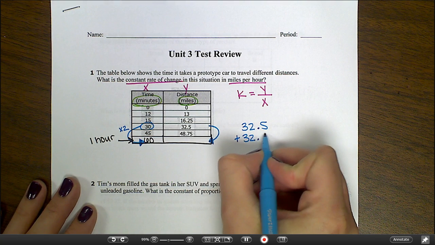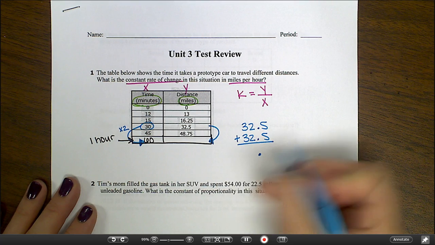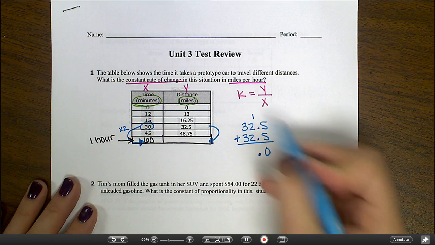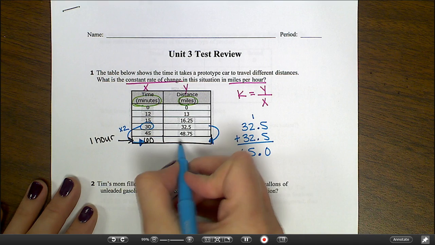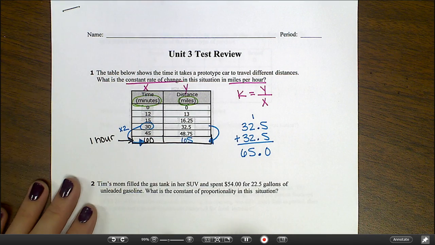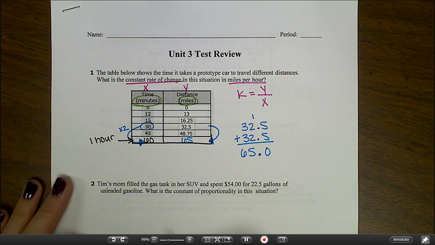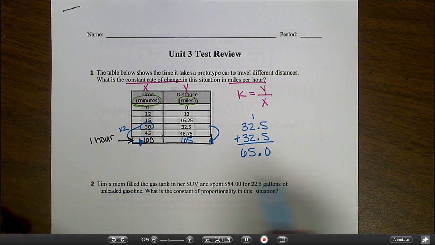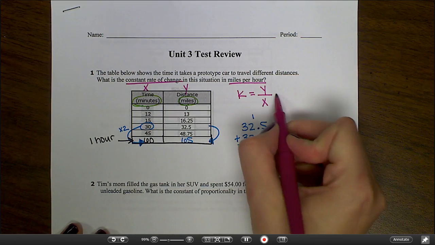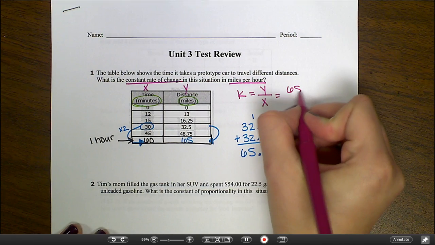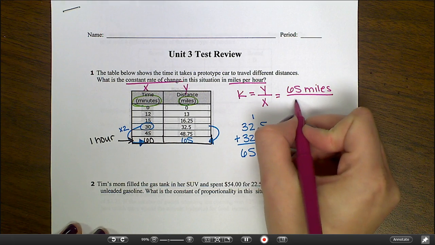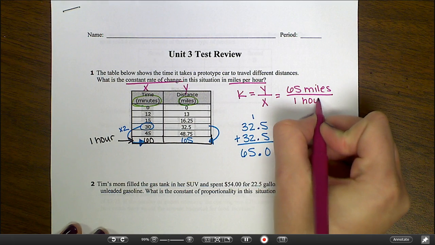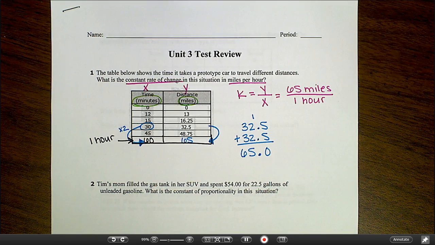Plus 32 and 5/10. Bring down your decimal point. Would be 65 miles in 1 hour. And so here I would say 65 miles over 60 minutes, or 1 hour. And that would be my answer, 65 miles per hour.